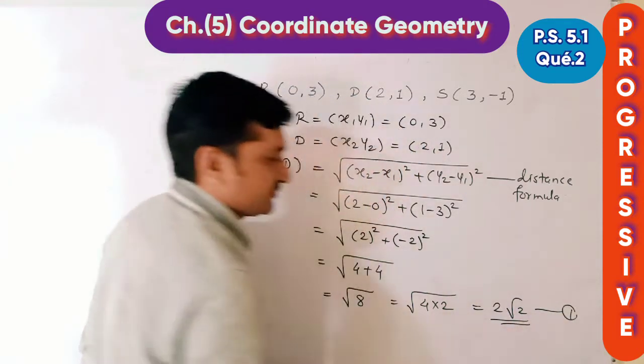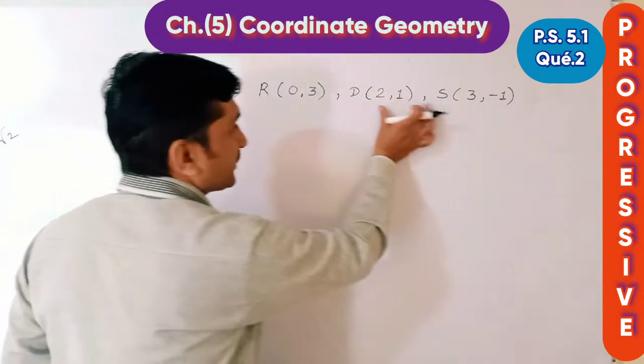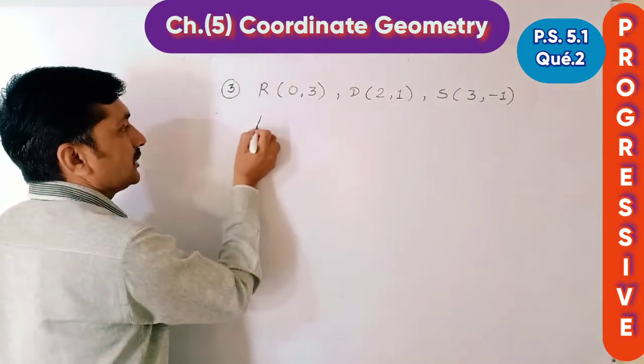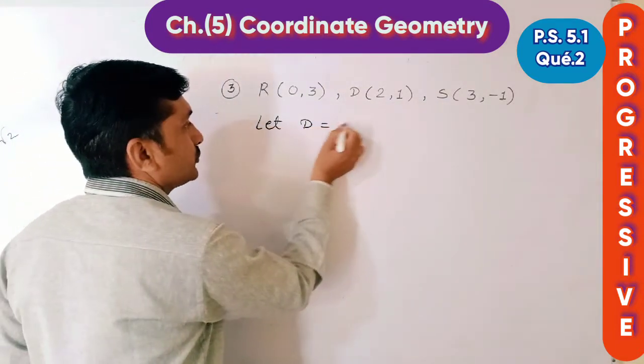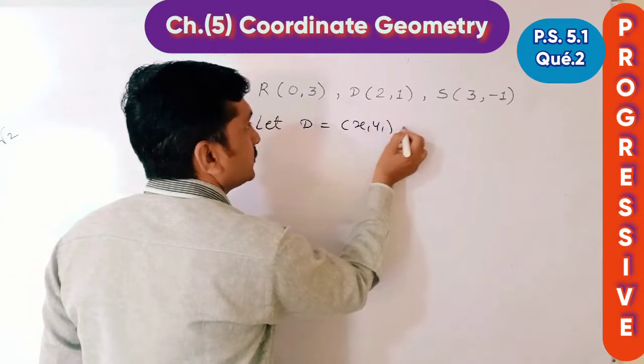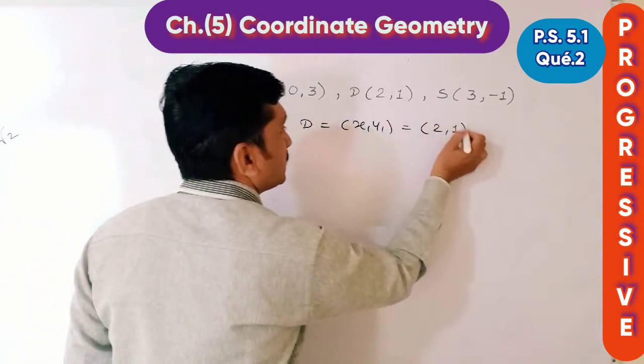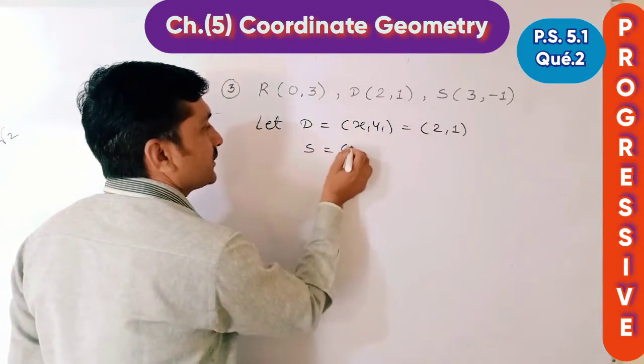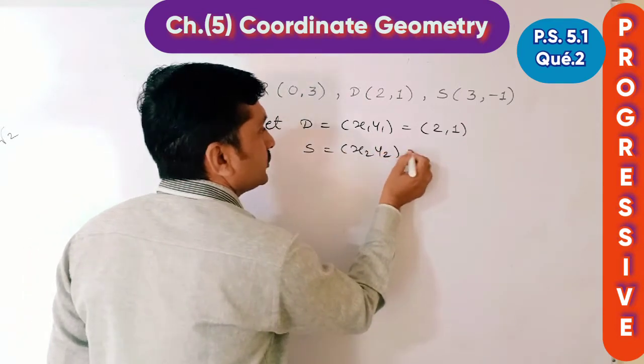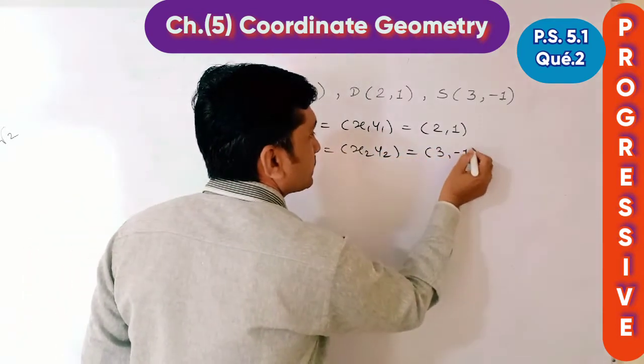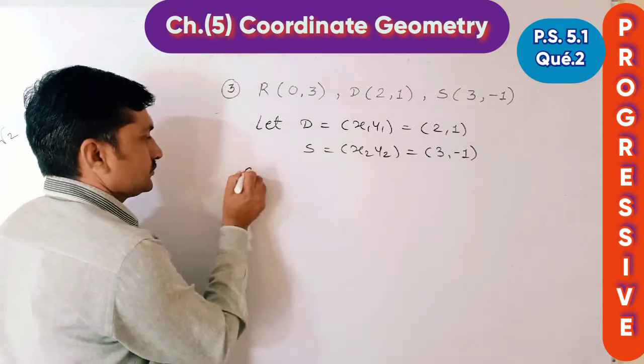This is the first distance, RD. Now let's find distance DS. Let D be (x1, y1) = (2, 1), S be (x2, y2) = (3, -1).